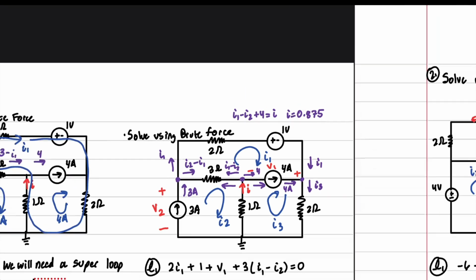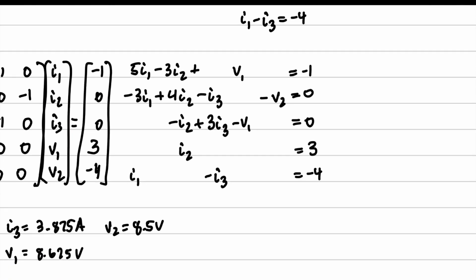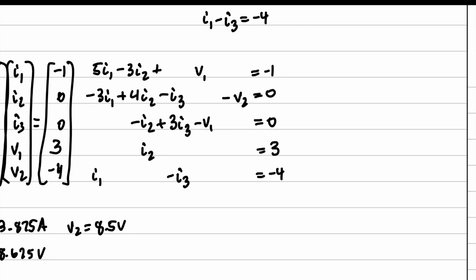And so writing it down here more clearly, we've got I1 going out of the node minus I2 going into the node plus 4 going out of the node minus I is equal to 0. And then I is equal to I1 minus I2 plus 4.